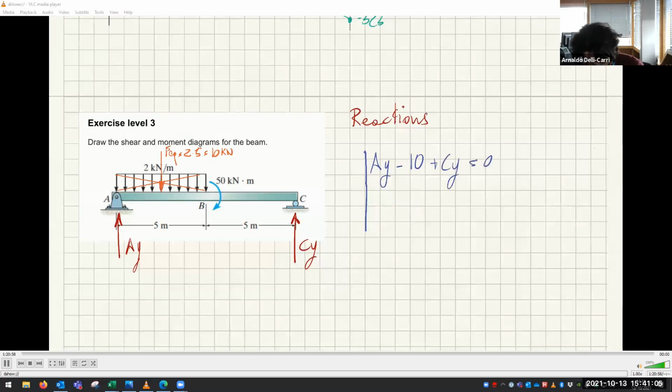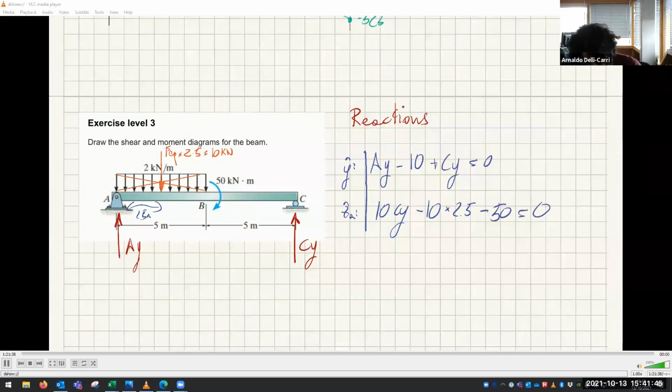And if I use Z around A, I get, this is negative. So 10 CY, because this is positive, times 10. 10 CY minus 10 times 2.5, this distance 2.5 meters. And again, this is also negative, minus 50. Everything is in kilonewton meters, equals 0.